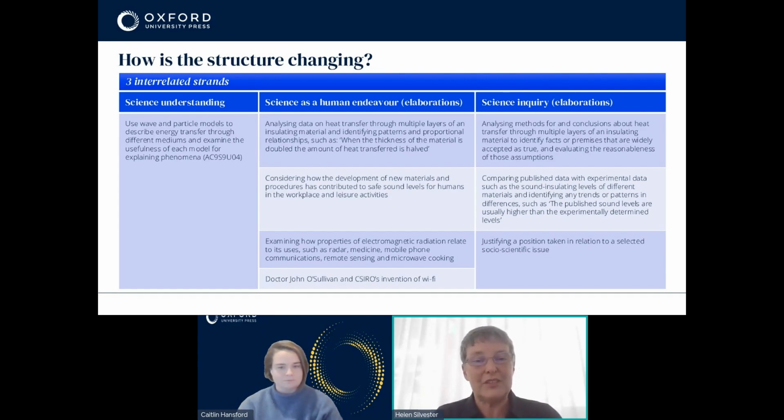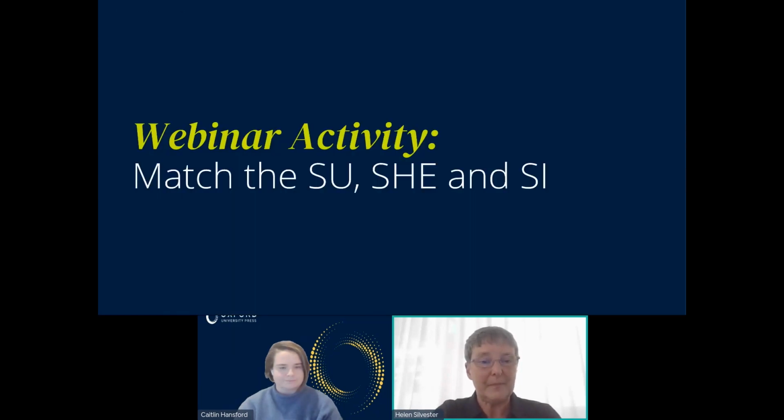The good news is I've already done some of that in the textbook, but as a start for your department, it's really useful to do it as an exercise: pull apart all the elaborations and start matching them up so that you know where you're headed within your subjects for your students.